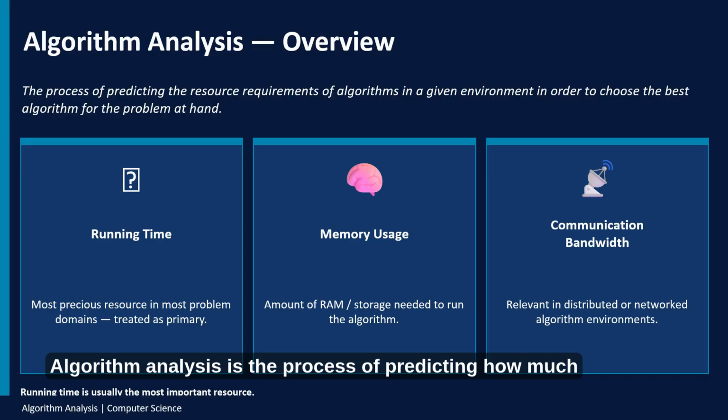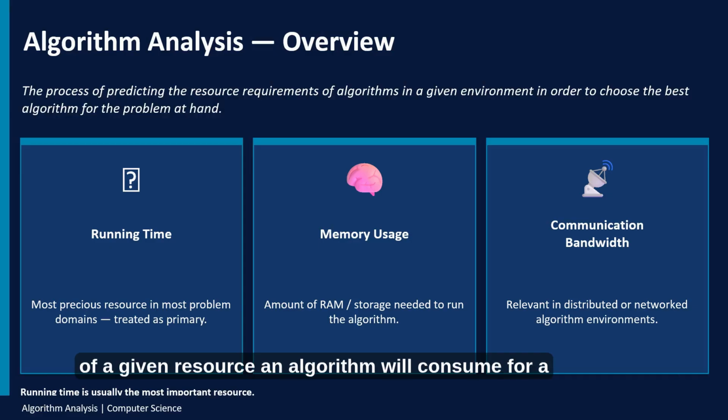Algorithm analysis is the process of predicting how much of a given resource an algorithm will consume for a given input. We analyze algorithms so we can choose the best one for the problem at hand using a scientific, repeatable method. There are 3 primary resources we consider. Running time, how long the algorithm takes to execute. Memory usage, how much RAM or storage space it requires.